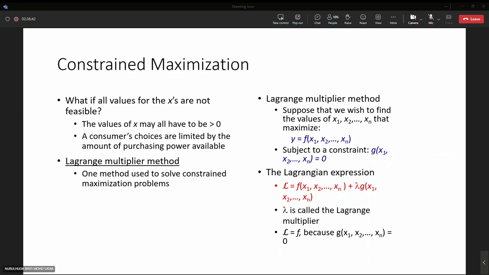Without learning economics, people would understand that: you want to consume x1 and x2 in order to maximize your utility, but how much you can consume is determined by how much income you earn.